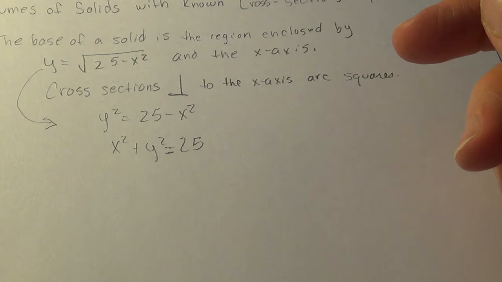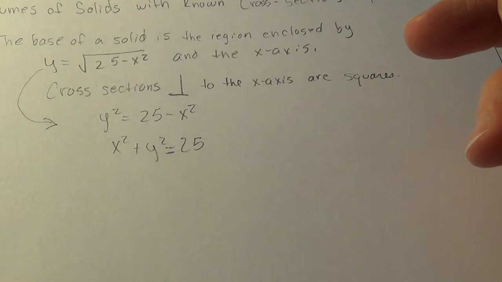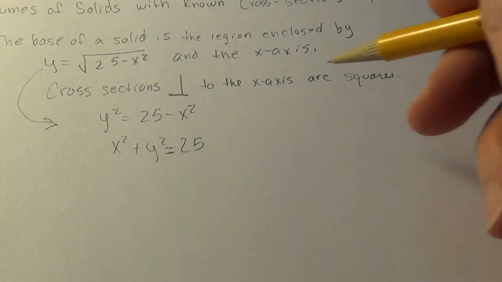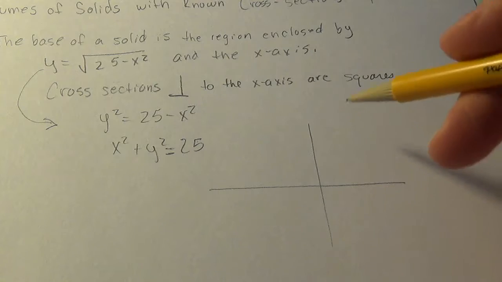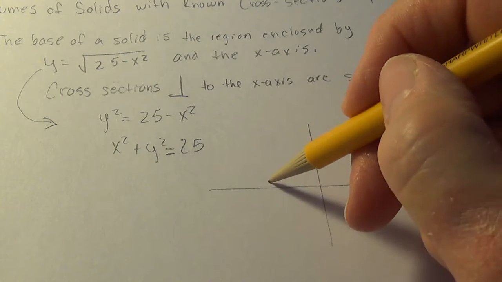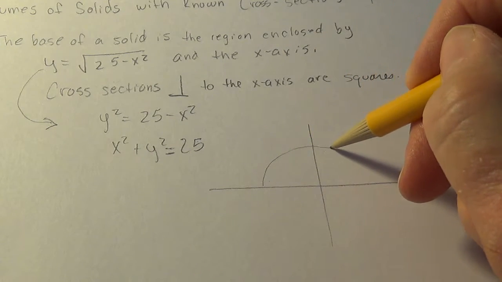We are going to look at the base of the solid. The base of this is the region enclosed by this, so let me get that. This is where my sketching is sketchy.